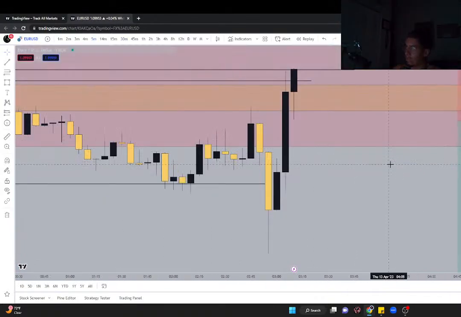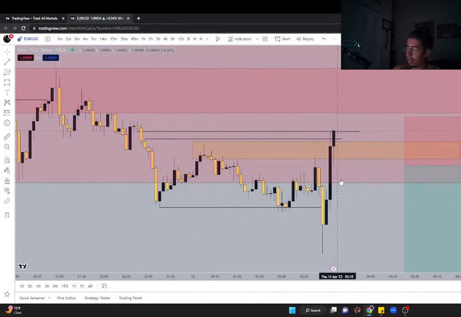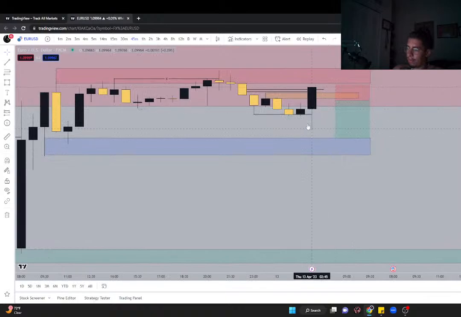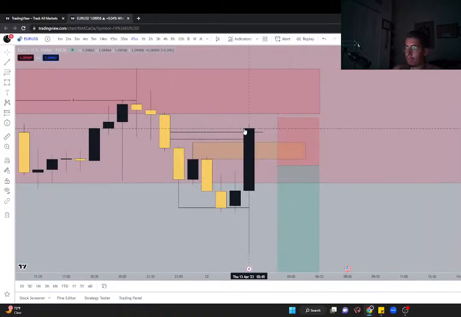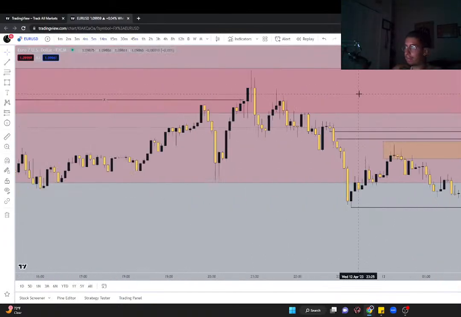For EU, we had some nice levels where price was rejecting from. So if I'm wrong, I'll definitely be wrong. You know what I mean? This is definitely looking like I'm wrong with that sweep. I just got stopped out of EU. Just got stopped out of that.